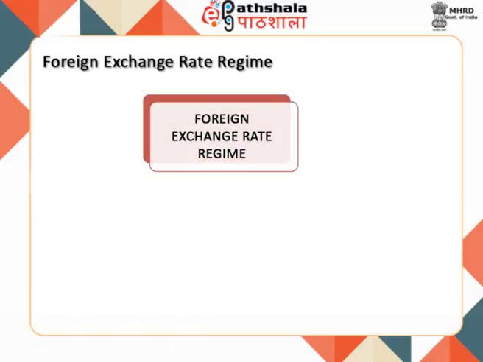Foreign exchange rate regime refers to the set of policies, agreements, institutions, mechanisms, and rules for determination of exchange rate at a given point of time, changes in exchange rate over time, and factors inducing such changes.